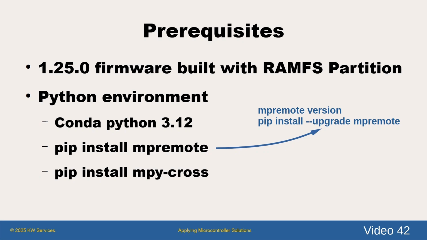Please notice that I verify that MP remote actually is the version for 1.25. If not, then I need to run the command pip install upgrade MP remote and rerun the MP remote version command to verify that its version now is version 1.25.